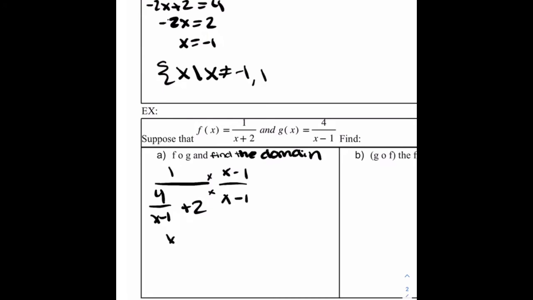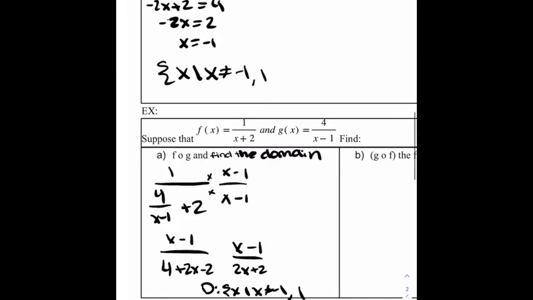And I would get x minus 1 over 4 plus 2x minus 2, which simplifies to x minus 1 over 2x plus 2. And we know from above that the domain is x such that x cannot equal negative 1 or 1.